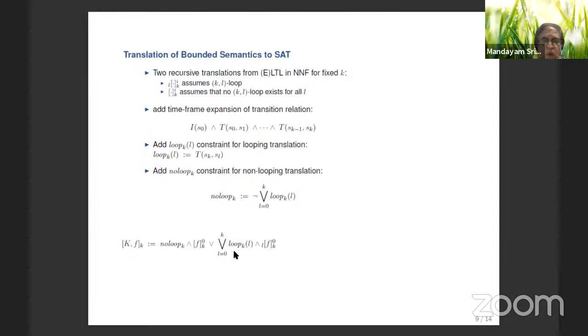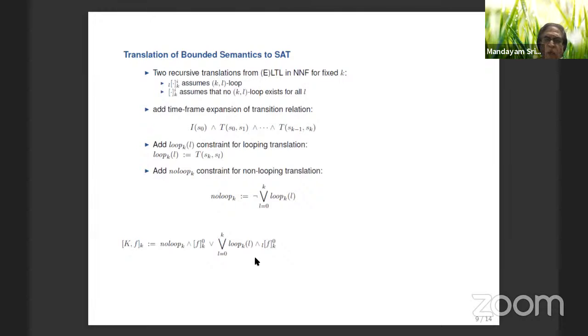The disjunction of loop K of L describes whether there is any looping path in K. If so, you follow the looping translation. Otherwise, if there's no loop, you follow the non-looping translation.